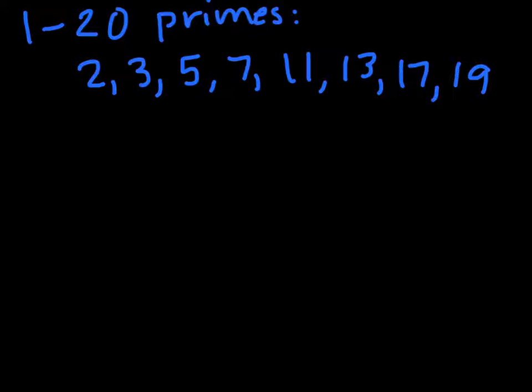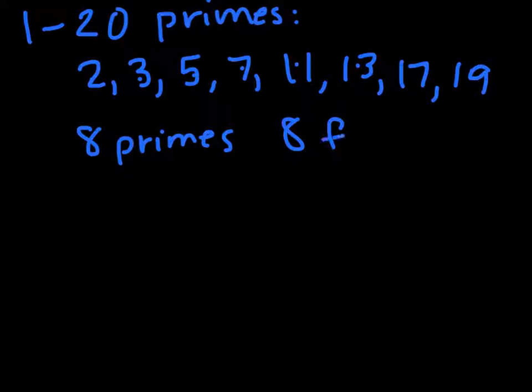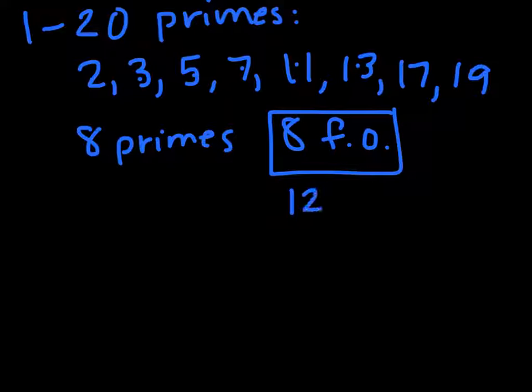So how many prime numbers do we have? There are 8. So in this problem, we'll say we have 8 favorable outcomes. Therefore, we must have 12 unfavorable outcomes.